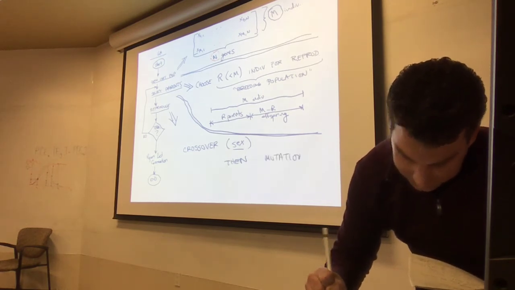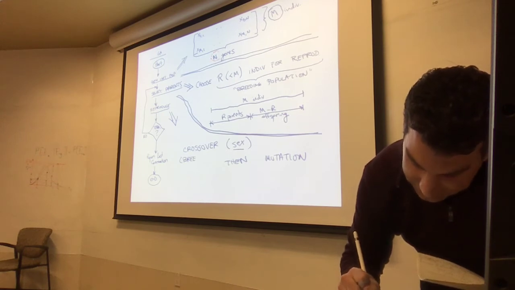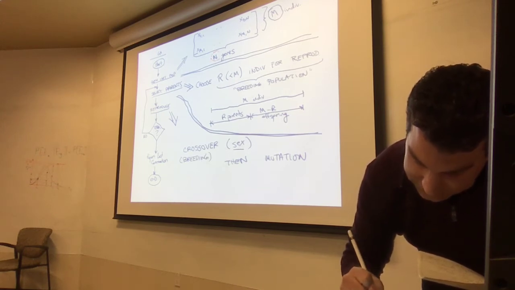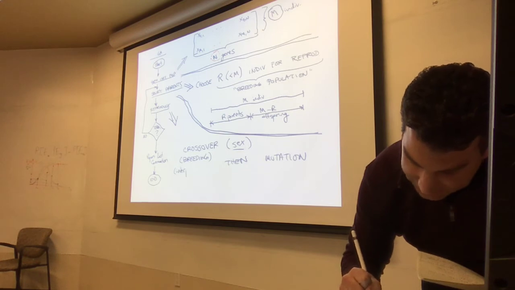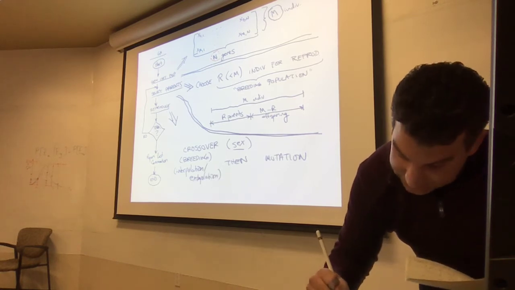This crossover you can view as breeding, or you can actually view it as interpolation or extrapolation. And then mutation is just variation.